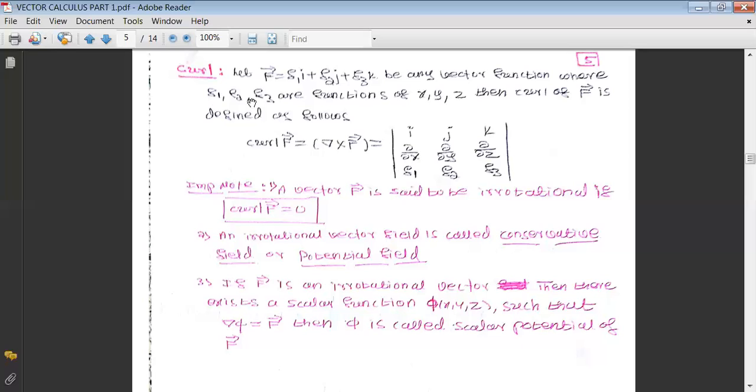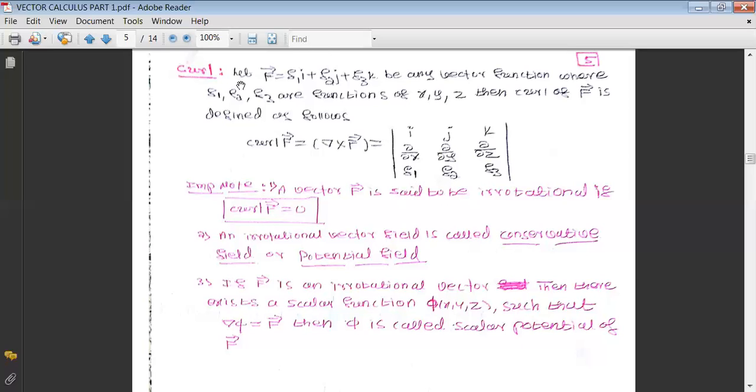They are nothing but your f1, f2, f3. Therefore, curl of f bar is given by del cross f bar. It is a determinant whose first row is i, j, k, whose second row is the components of del, namely dou by dou x, dou by dou y, dou by dou z, and the third row represents the components of f bar, that is f1, f2, and f3.